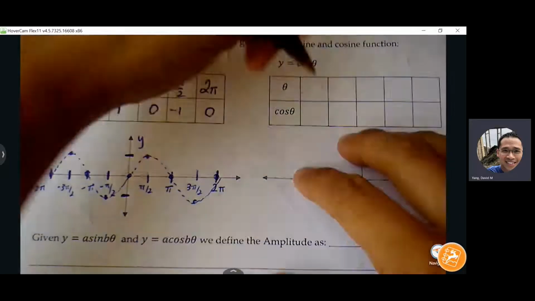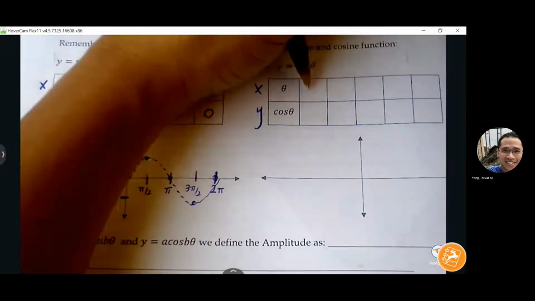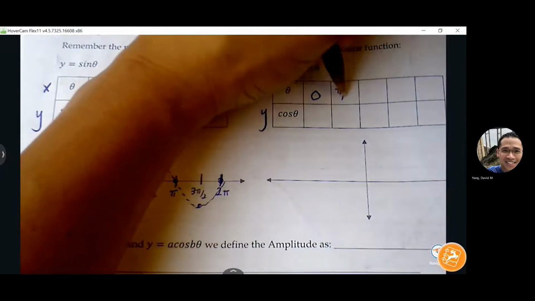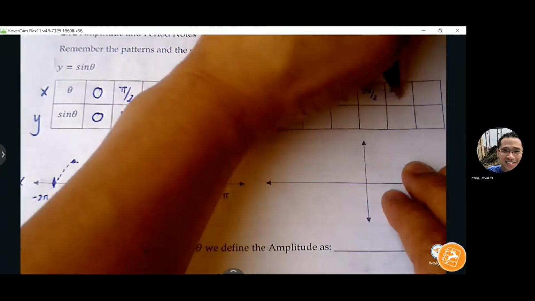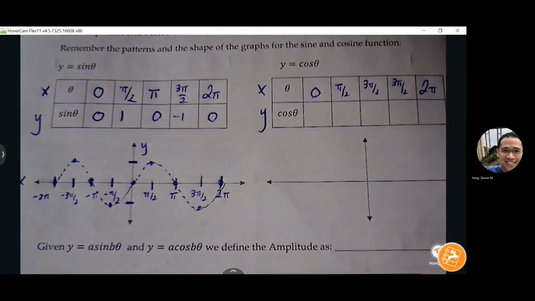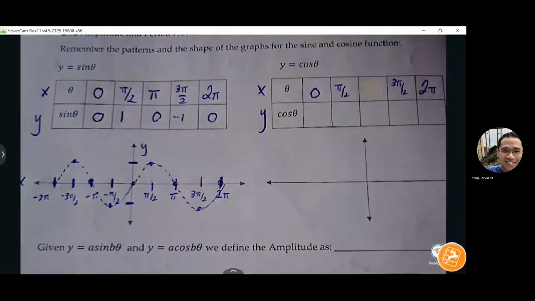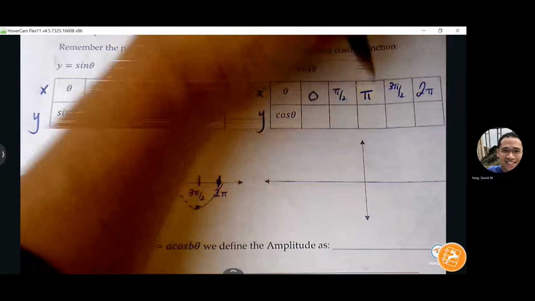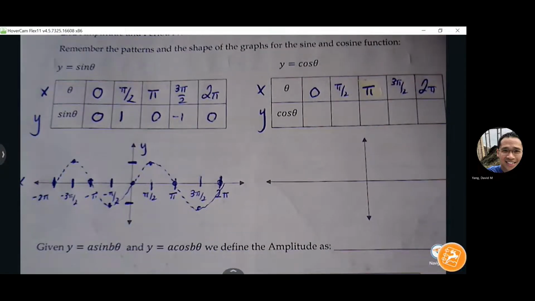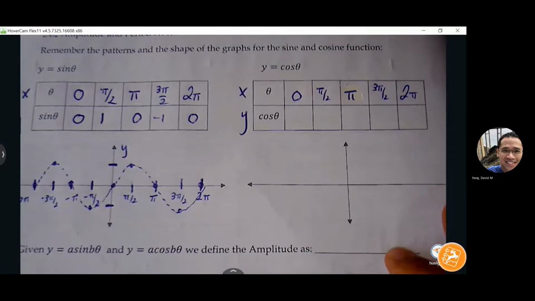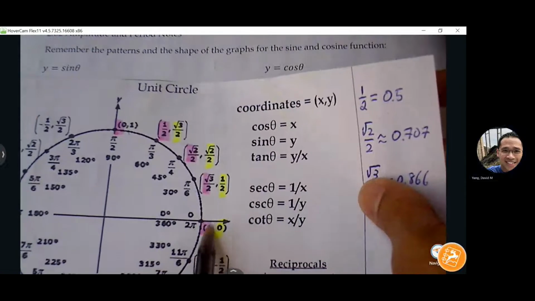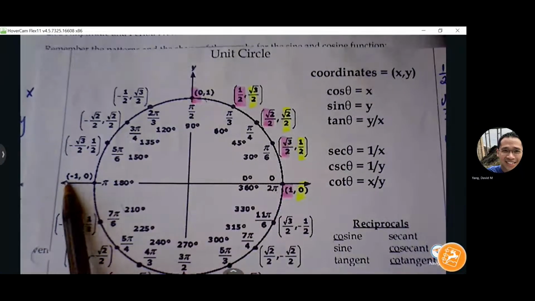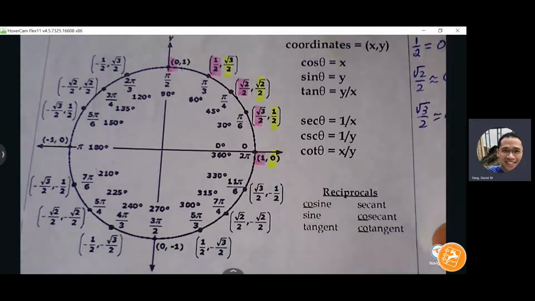Now for the cosine graph, quadrant angles, pi and the 3 pi over 2. Cosine, look at your x value. 1, 0, -1, 0, and then back to 1.